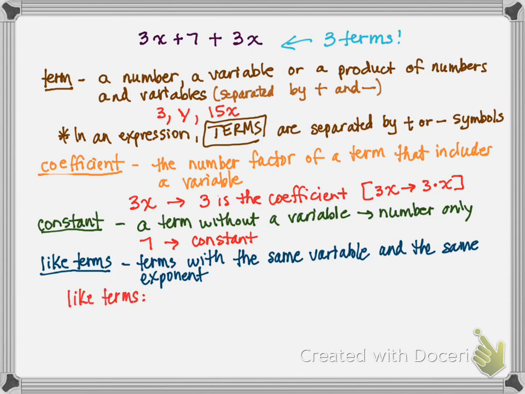So in the example from above, we have 3x and 3x are considered like terms. What makes them like terms? The x's. It's not the numbers, it's the variables. All right, let's see if we can maybe give another set. How about 15y and 2y?